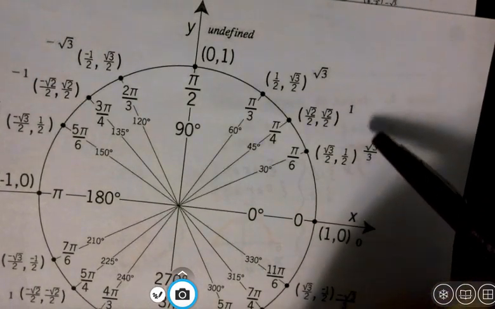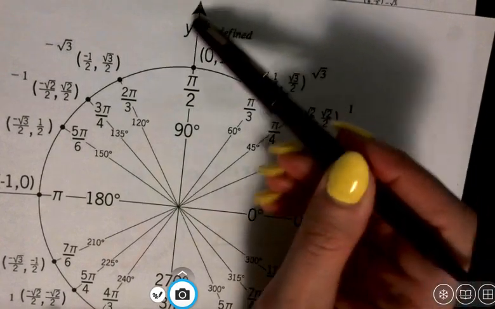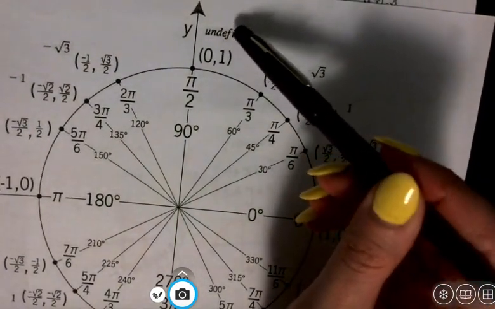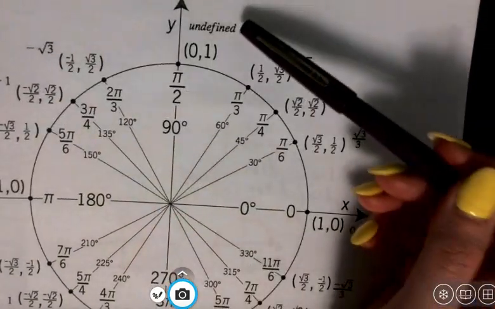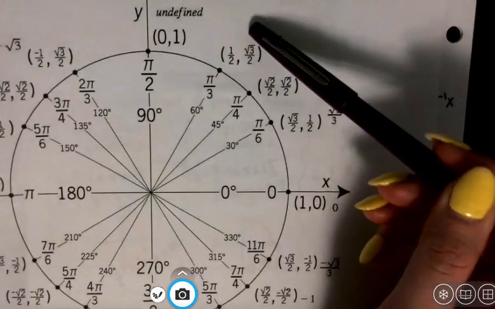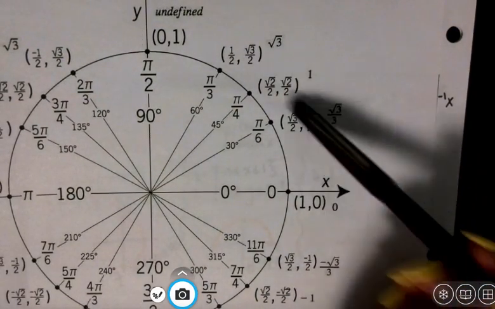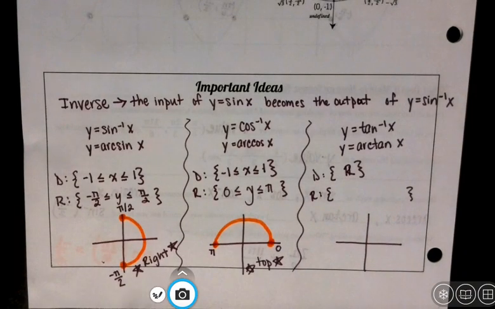If I go across the top, this tangent value that is undefined is almost like a hole in our graph. And so I can't go past that undefined mark to include quadrant 1 and quadrant 2. So because it's undefined here, it is forcing me to go down to quadrant 4. So for arctangent, we're focusing on the right side, which matches arcsine.